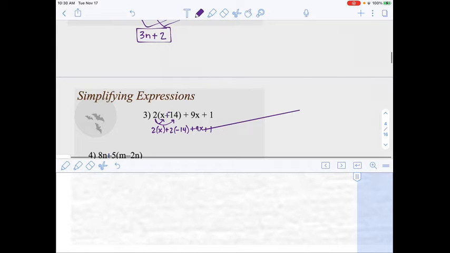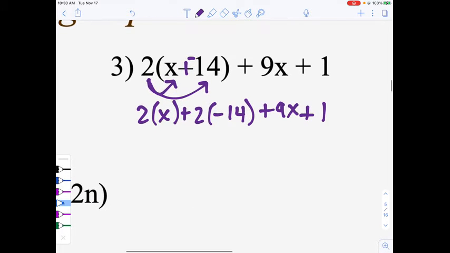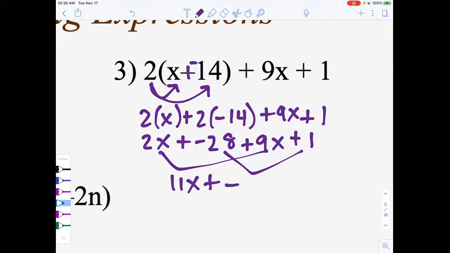And then, whoa! Then I'm just going to simplify. We have 2x plus negative 28 plus 9x plus 1. Combine like terms. 2x plus 9x is 11x. Plus negative 28 plus 1 is negative 27. Can't combine those. They aren't like terms, so there's my answer.